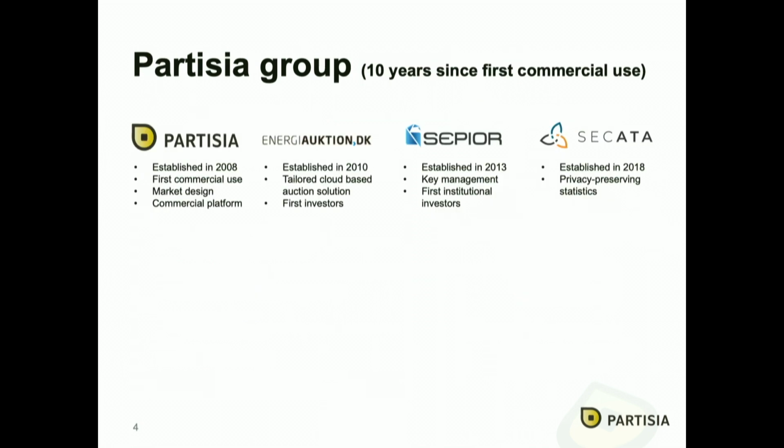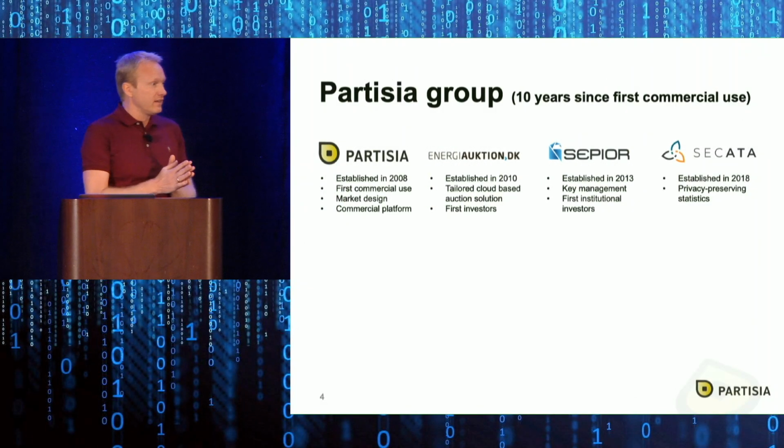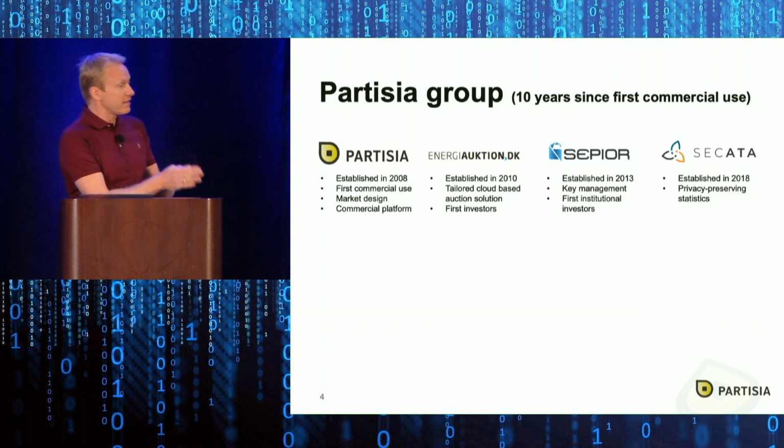So let me introduce what we have been doing. We started Partisia 10 years ago, and then we tried to sell the big vision, which was difficult at that time.